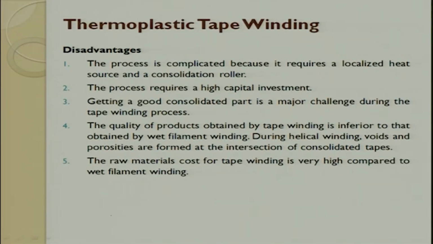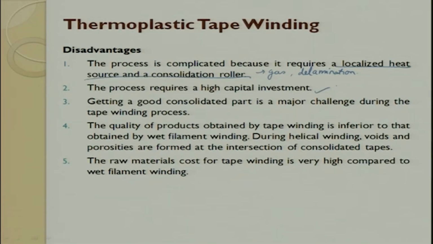What is a disadvantage? The disadvantage is it is locally heated. So, many a time there can be a problem of gas getting trapped or a delamination coming into existence, a defect which is coming into existence. It is a capital intensive investment.